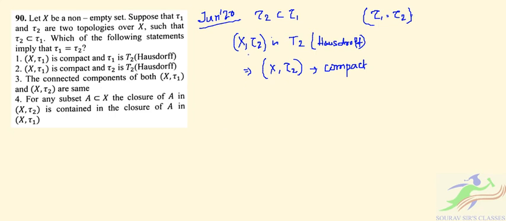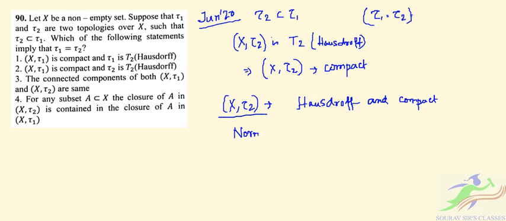So here (X, tau 2) is Hausdorff and compact, so it is also normal, right? So (X, tau 2) is normal.